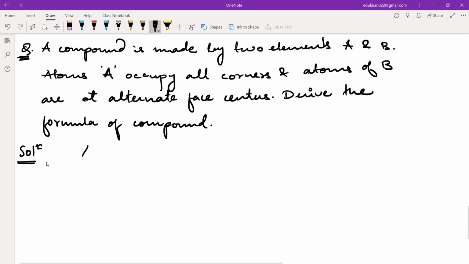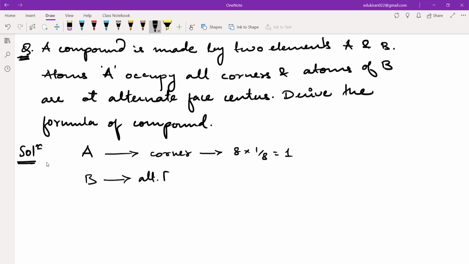So we have A. Where is this A present? A is at the corner. That means 8 into 1 by 8 is equal to 1. Correct? Yes. Now where is B?